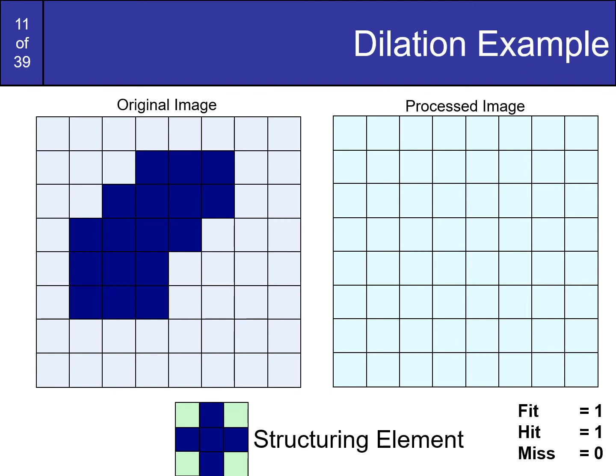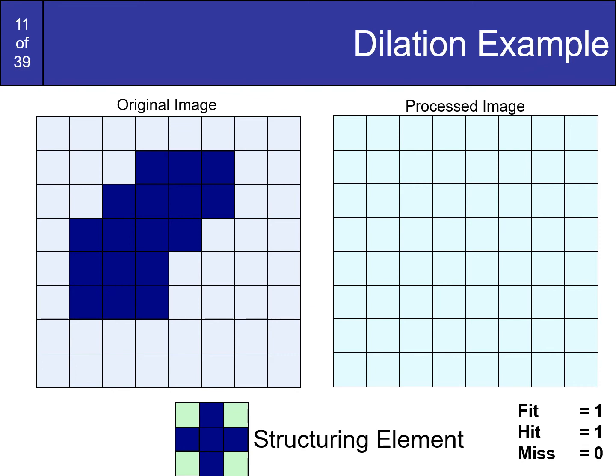In the original image we have objects, in other words on pixels, or pixels with number 1, in dark colors. Now we have the structuring element, which is the same as in the erosion example.